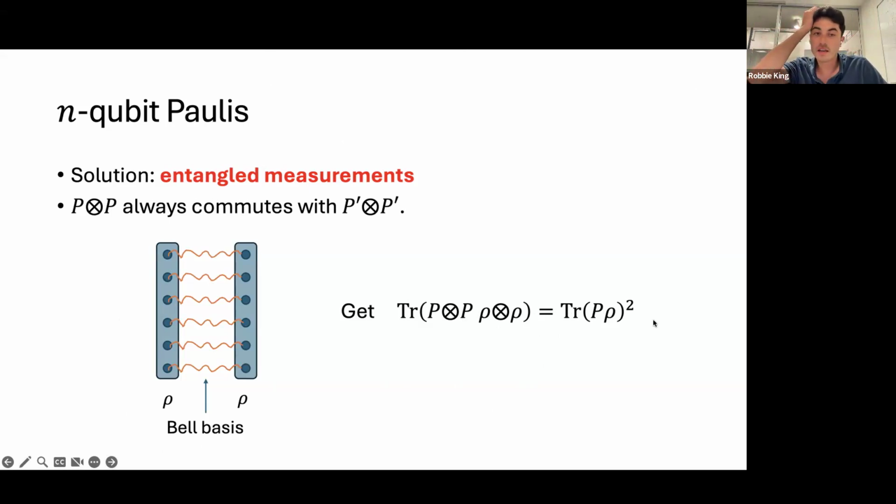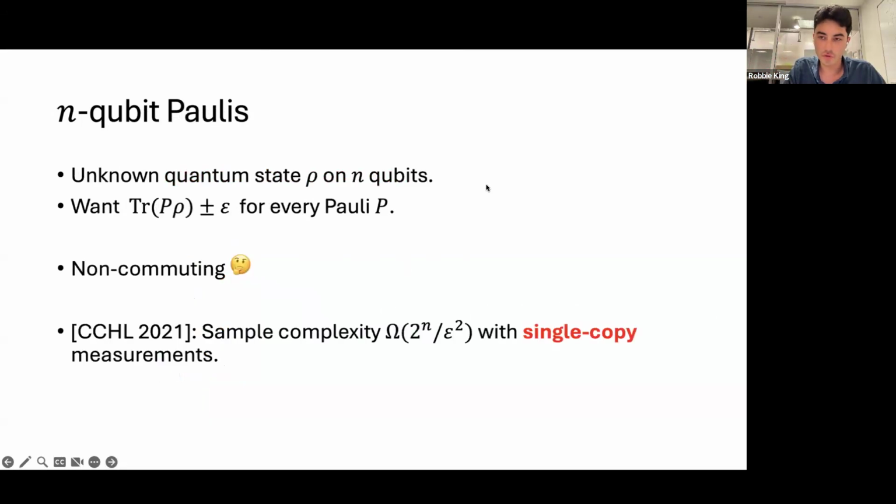So we can efficiently simultaneously estimate all of the squares of these expectation values. And then you need to worry about resolving the signs, but we probably won't discuss that today. So we can just focus on the absolute values, and this is how to get around this lower bound that we saw before.